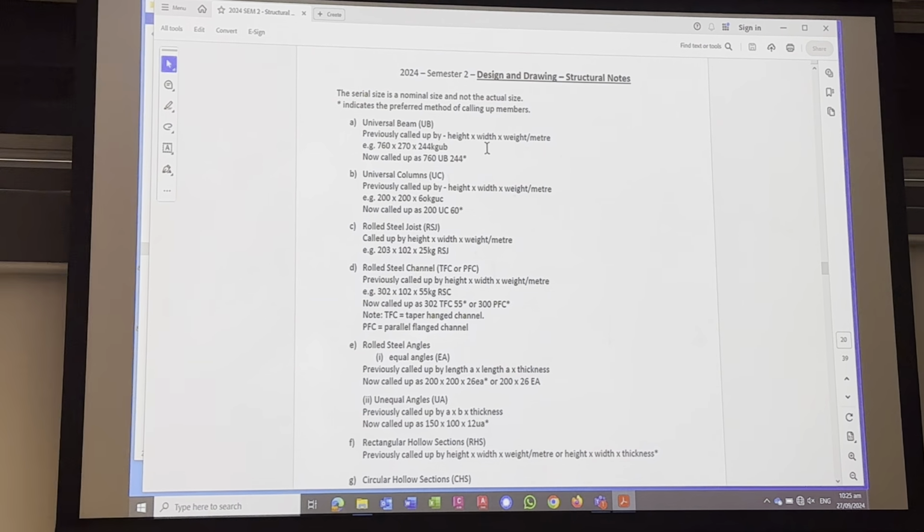Because unfortunately with steel, often it is covered up by timber and other things. But if you've got it on a plan that it's a 760 by 270, 244 UB, you now know the size, and if you're connecting onto it, you can do the structural calculations to see if it can carry the weight you're looking at, and you can put the new member on there, and you can draw it up and call it up accordingly.